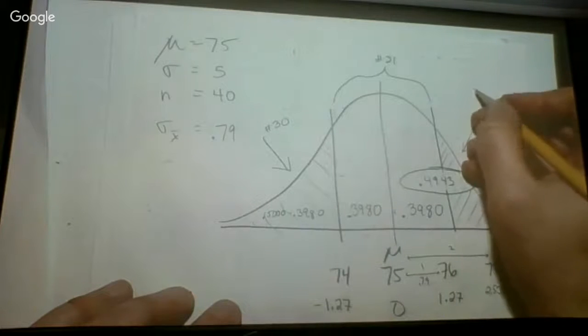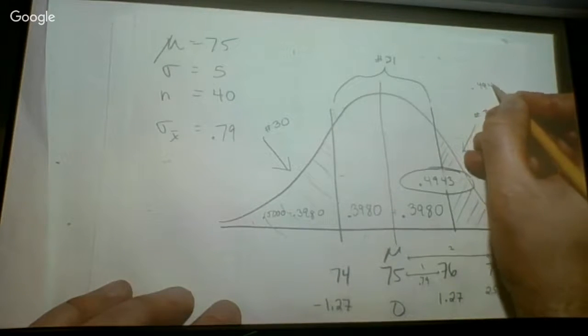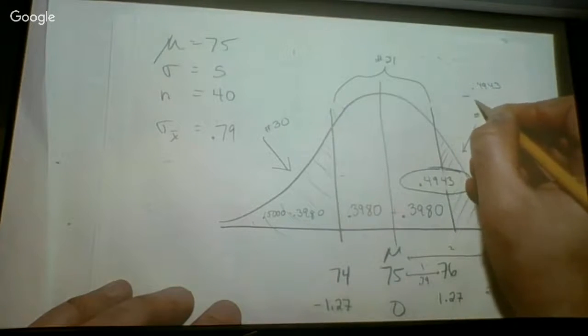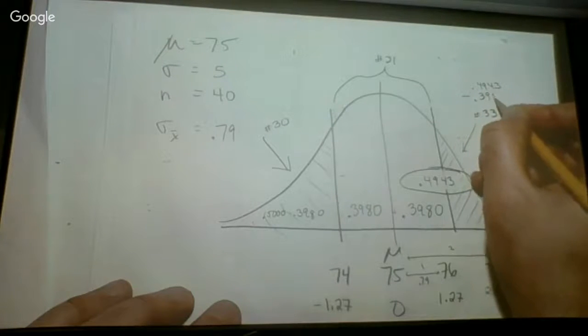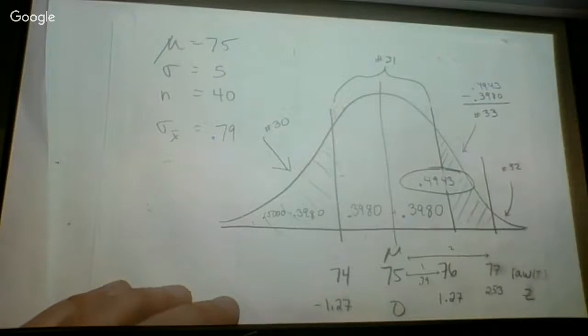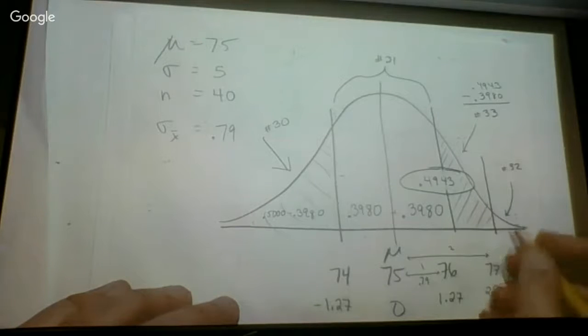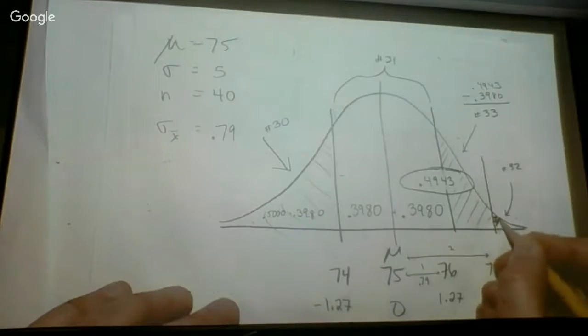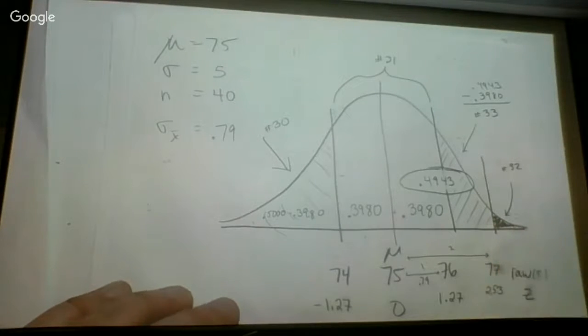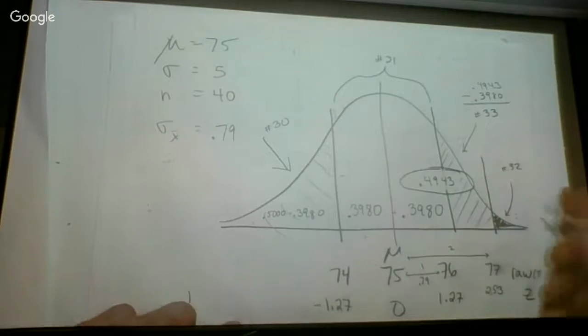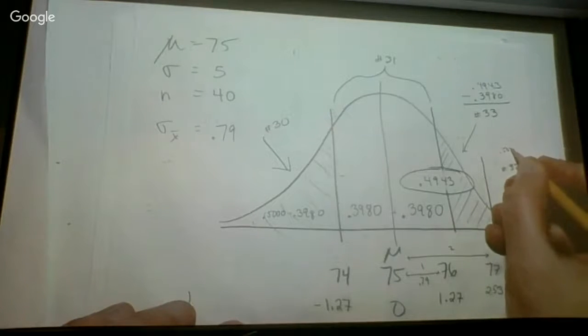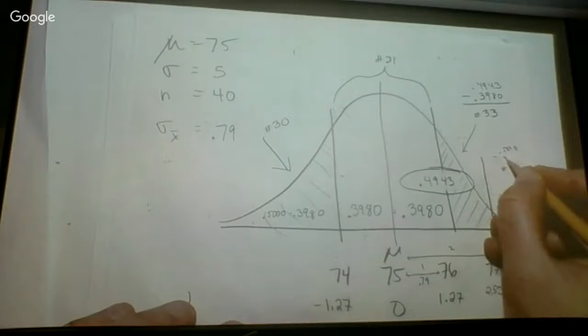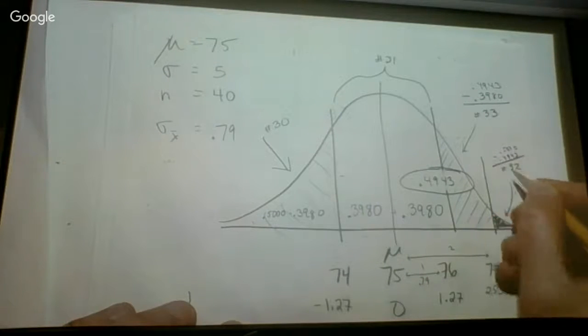So the answer to 33 is 0.4943 minus 0.3980. And 32, this little sliver right here, 0.5 minus 0.4943.